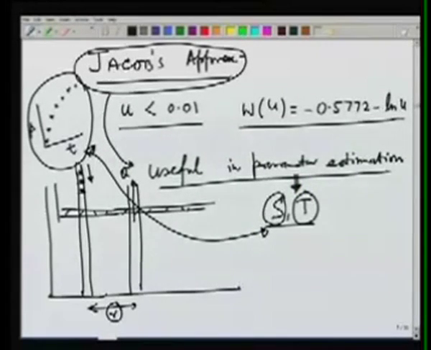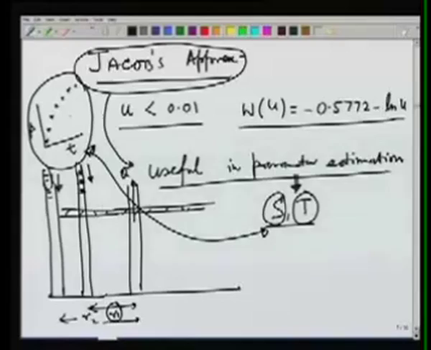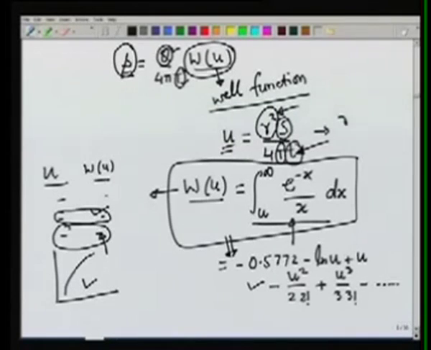Sometimes we may choose wells at different radial distances, so we may have another piezometer and you can measure the water level in this with time, maybe at some distance r2 and r1. So if you have two different wells, we can use that data to estimate the value of S and T using both of the wells. And if you look at the definition of u, it is r square S over 4T.